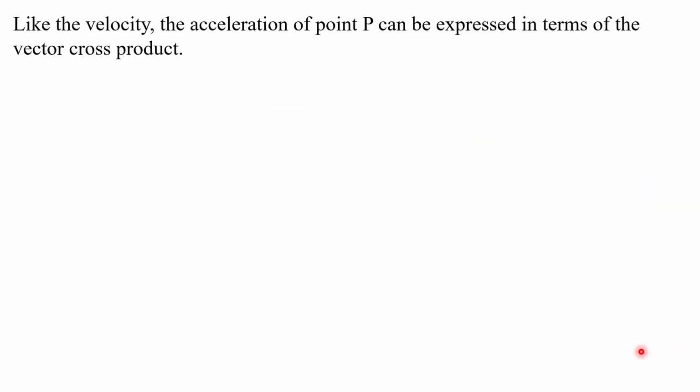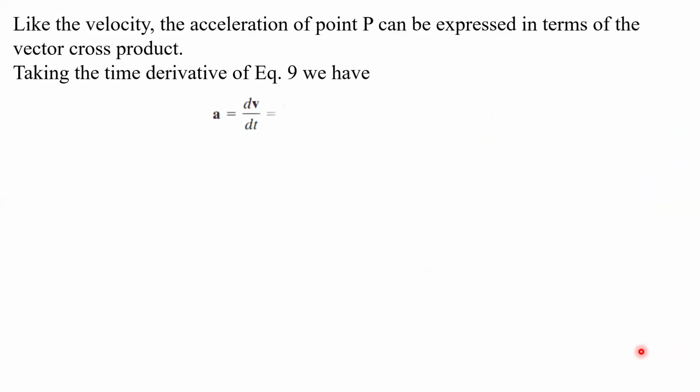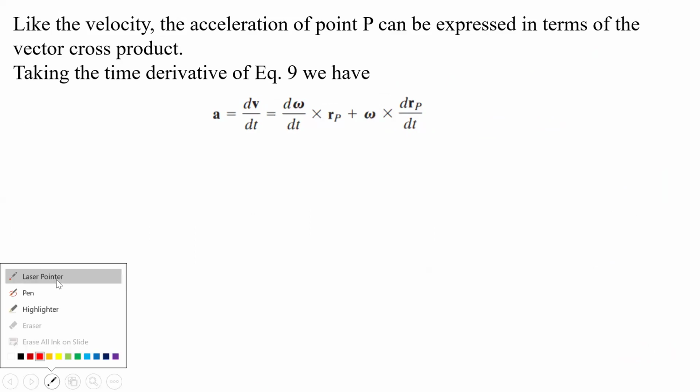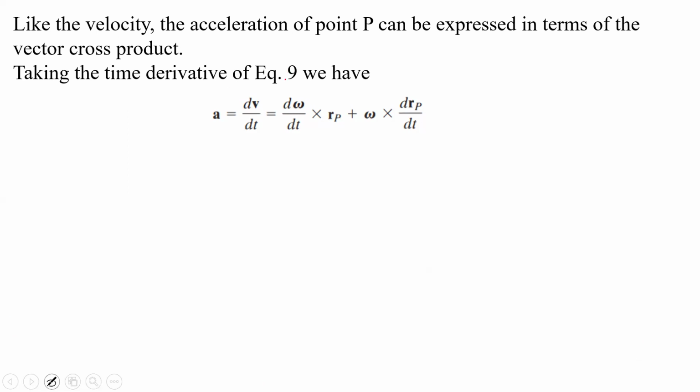Like the velocity, the acceleration of P can be expressed in terms of the vector cross product. Taking the time derivative of the equation, we have that A, the acceleration, is dv/dt. We know that V is equal to omega cross RP, so we apply the product rule.